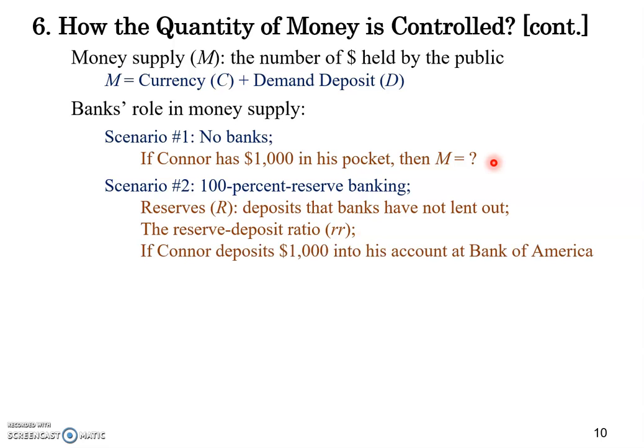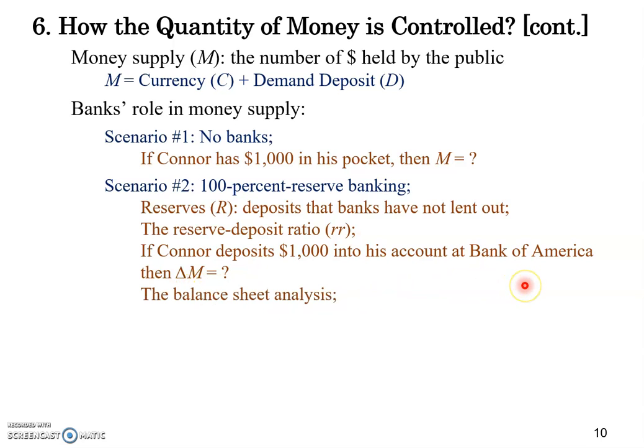Now here, let's continue talking about this case where Connor deposited $1,000 in his account at Bank of America, and how the money supply changes because of that, if any. Here the triangle is the Greek letter delta, which means change in money supply.